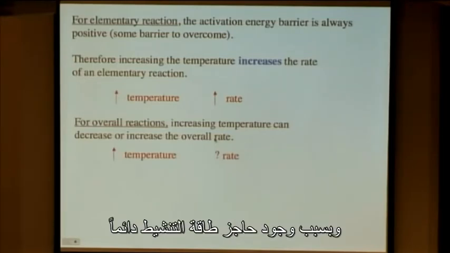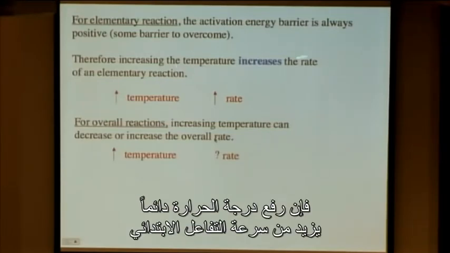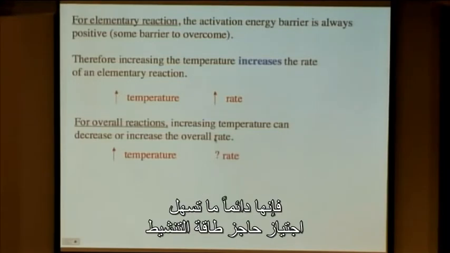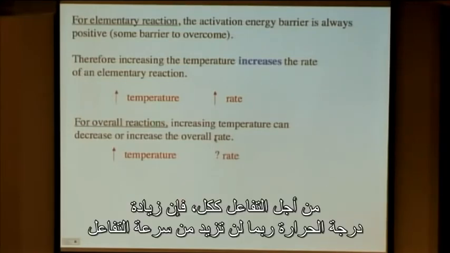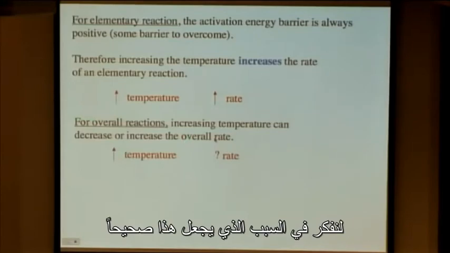And because there's always this activation energy to overcome, increasing the temperature is always going to increase the rate of an elementary reaction. It's always going to make it easier to get over that activation energy barrier. But for an overall reaction, increasing the temperature may not increase the rate of the reaction. So let's consider why that would be true.